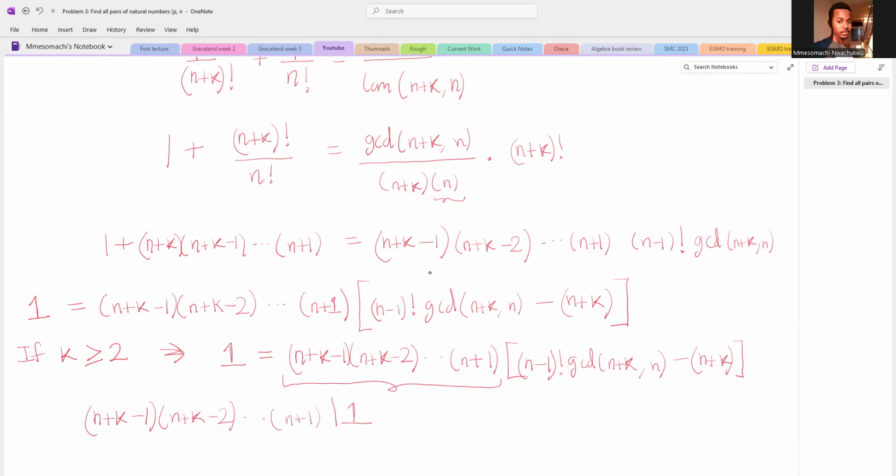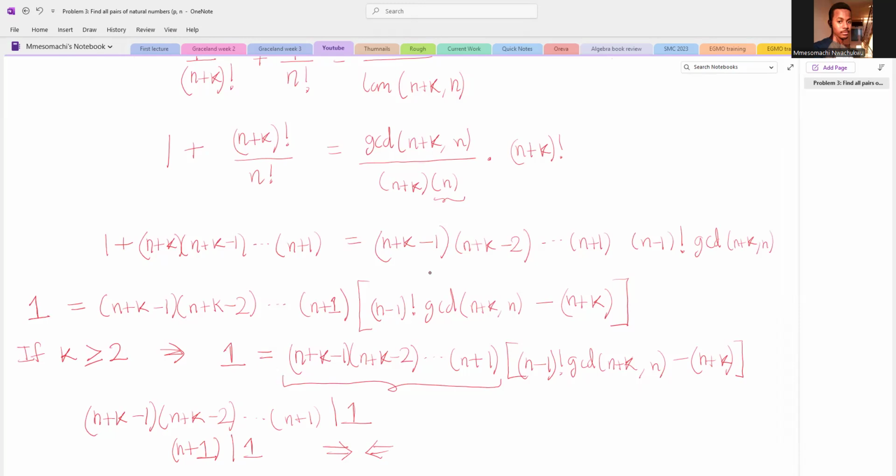And we know that if k is greater than or equal to 2, this is at least n plus 1. So at least n plus 1 divides 1. Okay, so this gives a contradiction because no number apart from 1 divides 1.